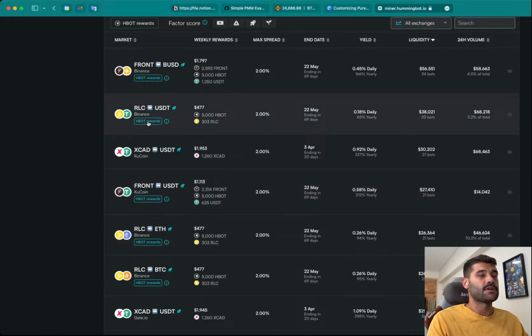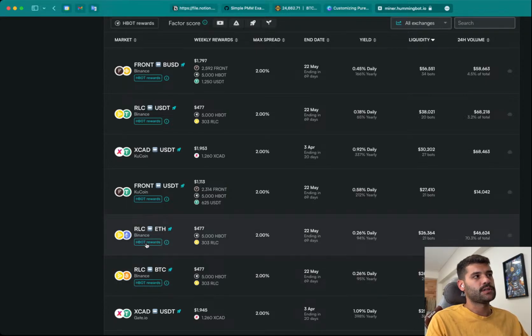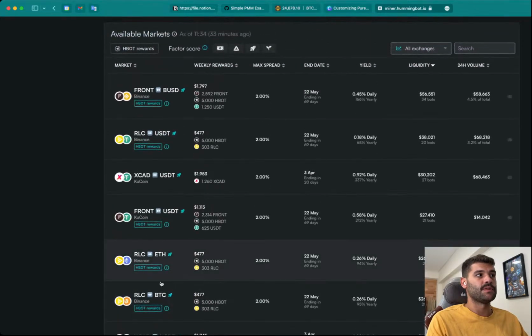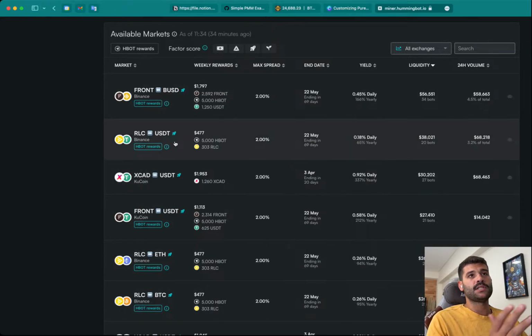Probably this is also not financial advice, but it can be interesting to do some cross-exchange market making between RLC ETH and RLC BTC and RLC USDT. So probably I would recommend you to review if there is any opportunity between these pairs. But in this tutorial, we are going to focus only on this one that is RLC USDT.